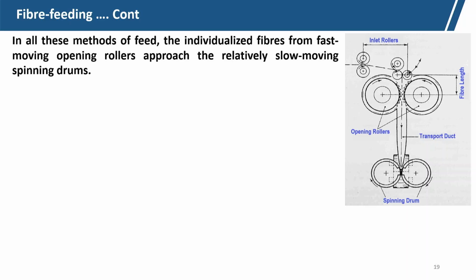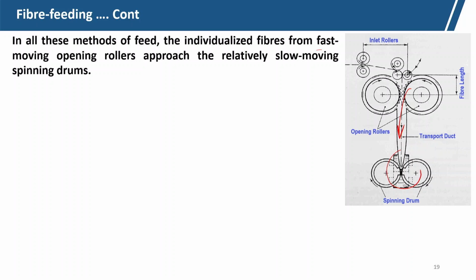In all these methods of fiber feeding, what happens? The individualized fibers come from the fast moving opening roller and approach the slow moving spinning drum.